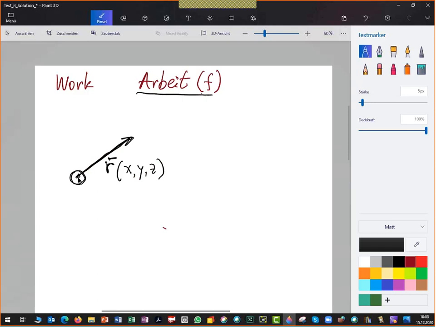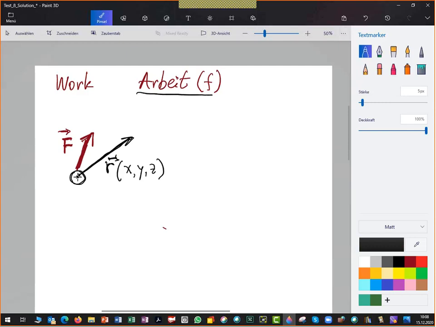And this displacement occurs due to action of some force. And let this force be, whatever, F. And force is a vector as well.